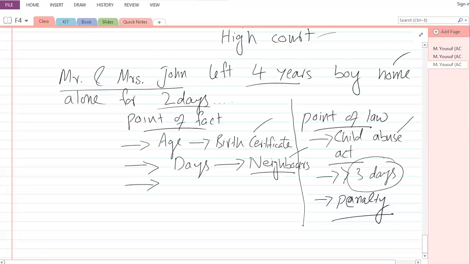We are not in violation of the law because according to law, if parents have left the boy home alone without any supervision for more than 3 days, then it will be considered child abuse. So they think that they are not guilty of child abuse because they left the boy for only 2 days. So they would want to appeal on point of law only. They are okay on point of fact. So is it clear now?